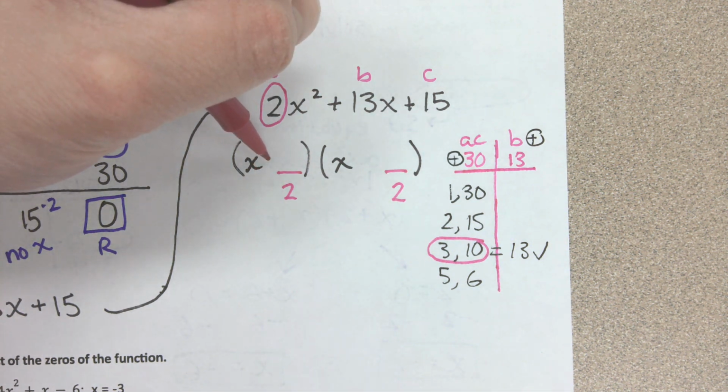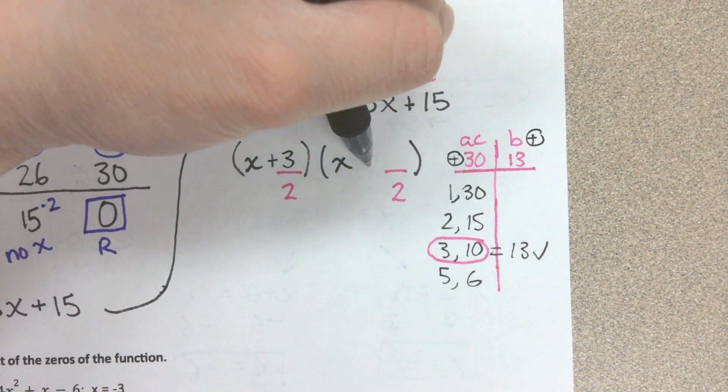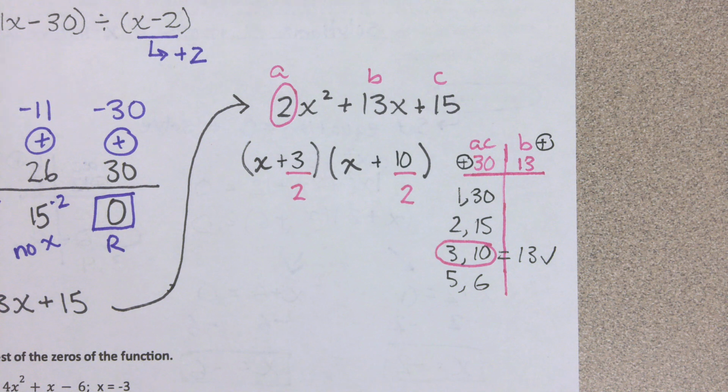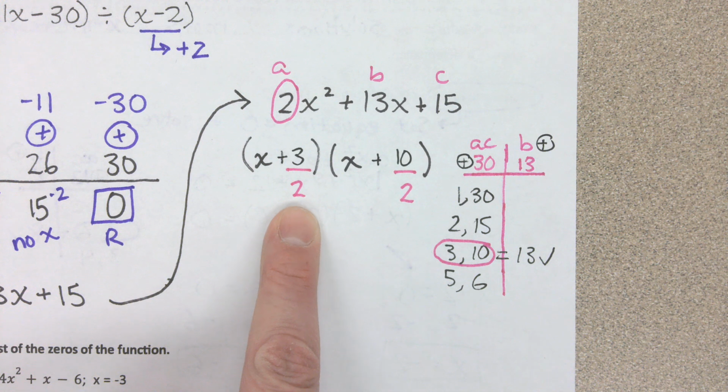We have plus 3 and plus 10. From here, we can take care of that 2 that we're dividing those by. And this is where we do slide and divide. We look at our numbers. If we can divide them nicely, then we'll do it.